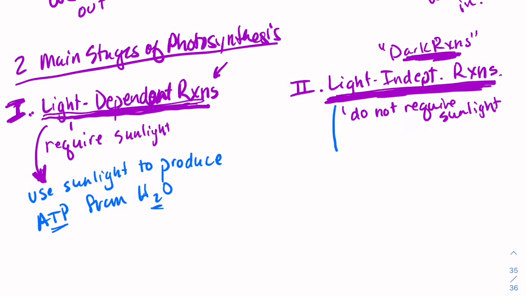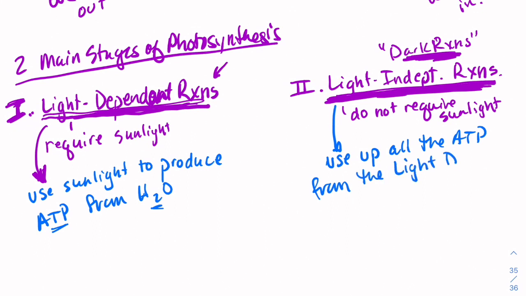The light-independent reactions use up all the ATP from the light-dependent reactions. They use up all that ATP to basically take a bunch of CO2 molecules together to build a sugar molecule.